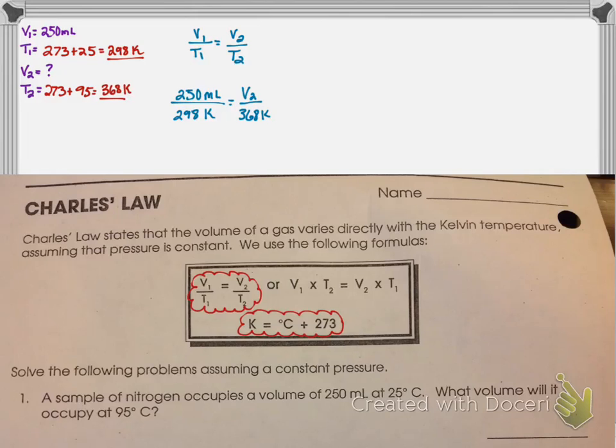In order to get V2 by itself, we need to do the reverse operation of what is currently there. Right now what's currently there is division. So instead we're going to multiply by 368 K. That's going to cause those to cancel out, leaving us just with V2, which is what we want.